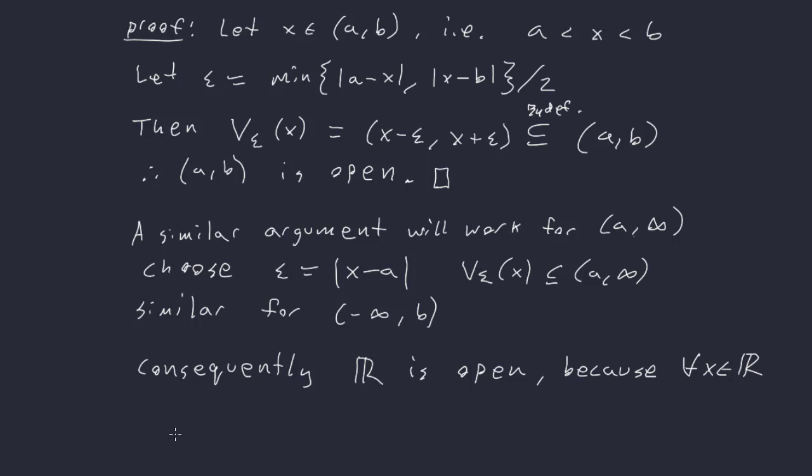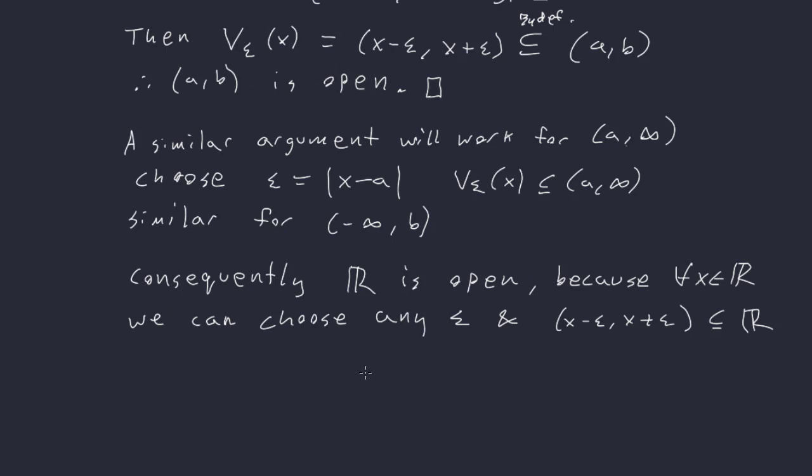Any epsilon will work. We can choose any epsilon, and x minus epsilon to x plus epsilon will be contained in the real line. Okay, so that does tell us that R is open.